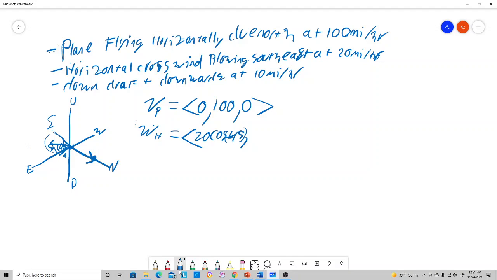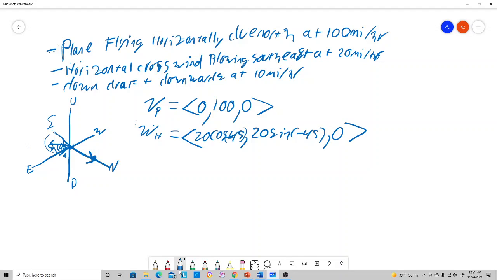We're going clockwise. So in here we want to put 20 sine negative 45. And then there's no z movement, so up and down movement, so we can just say that's 0.